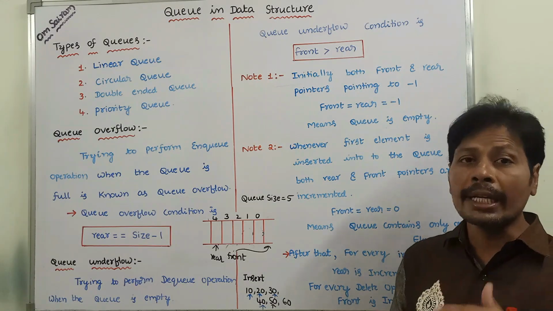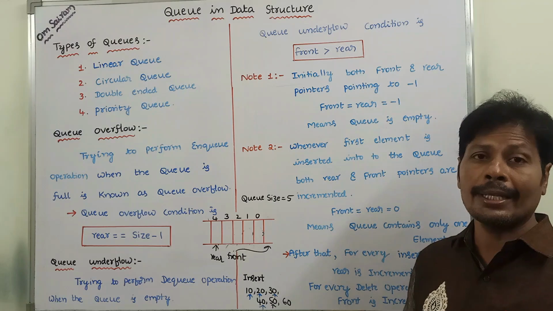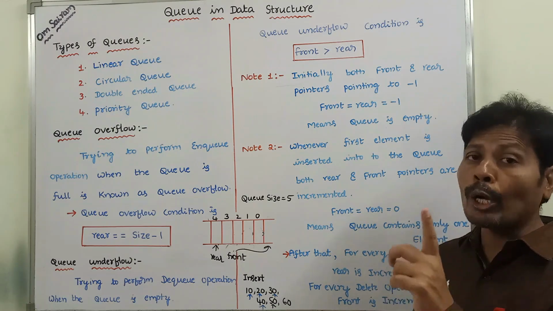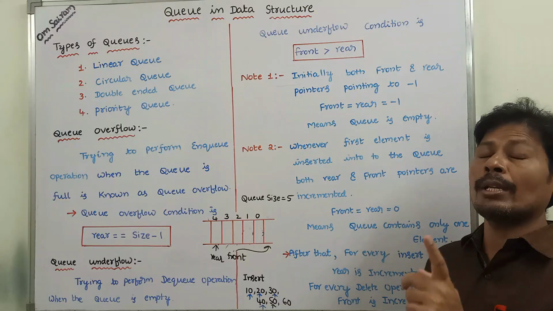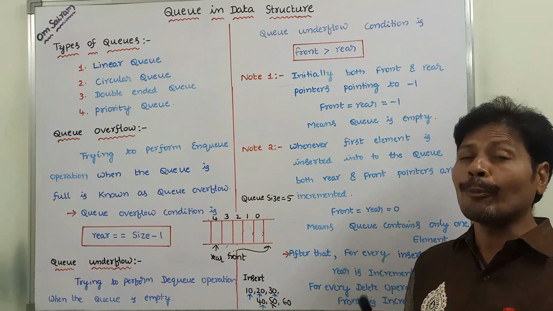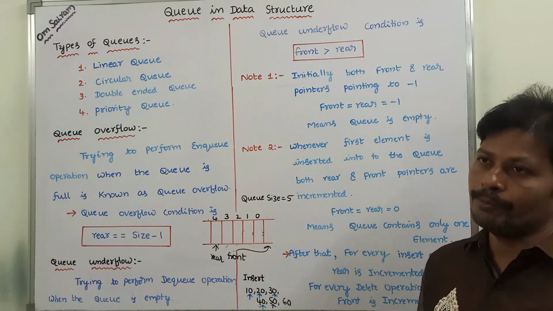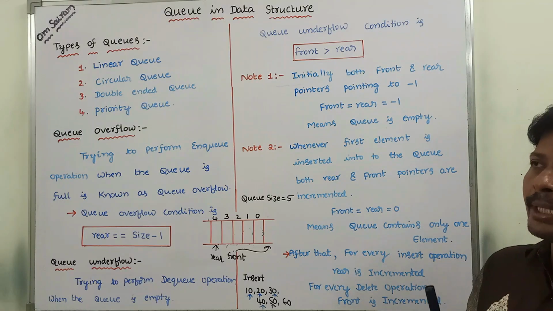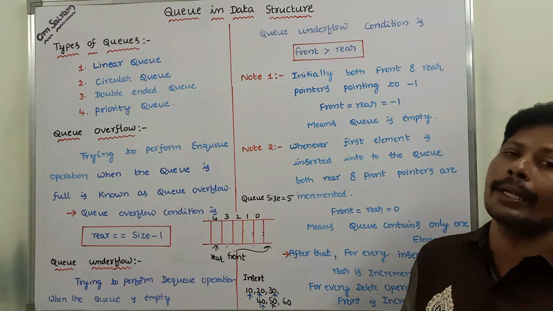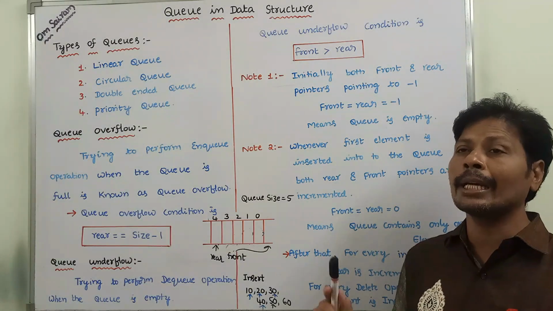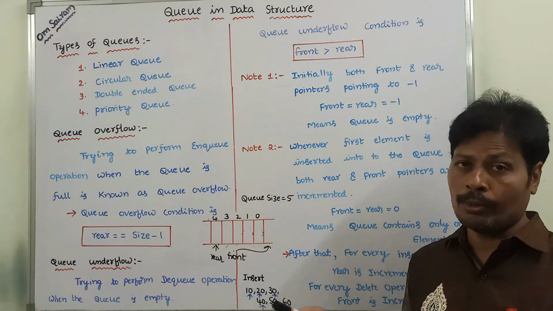After that, whenever enqueue operation is performed, only the rear pointer is incremented. Whenever dequeue operation is performed, front pointer is incremented. So first element insertion, at that time both the front and rear pointers are incremented from -1 to 0.